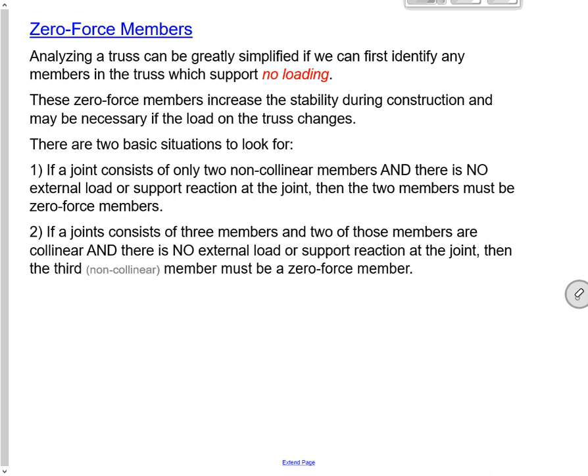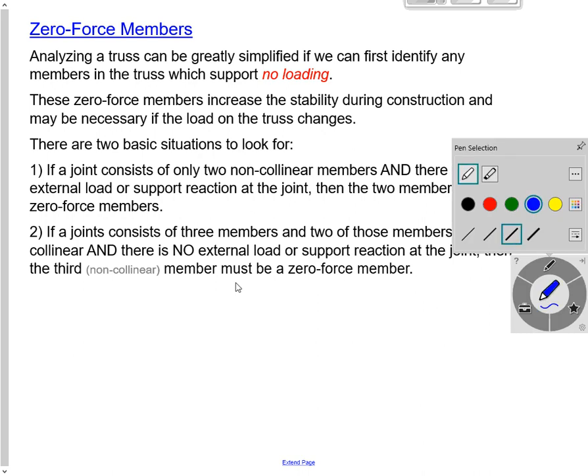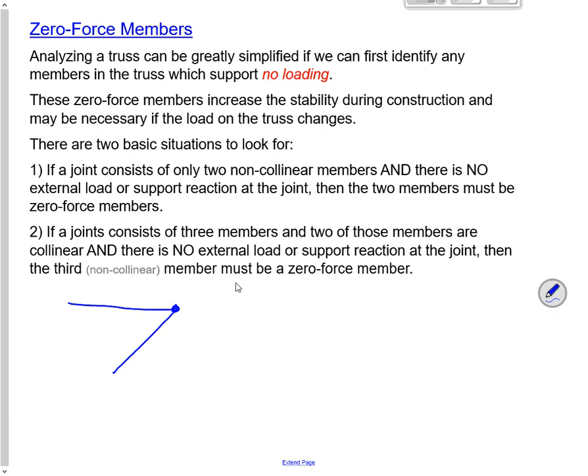If I have two non-collinear members and there's no external load, so let's back up. That means I've got a joint that looks like this. If there's no external load at that joint, then each of those members has to be a zero force member, because there's no way to make those two add up to zero.